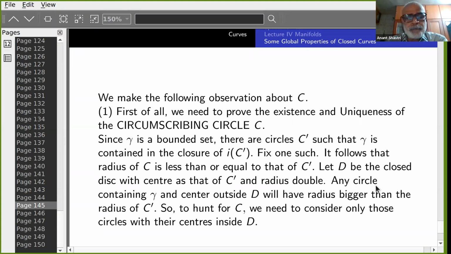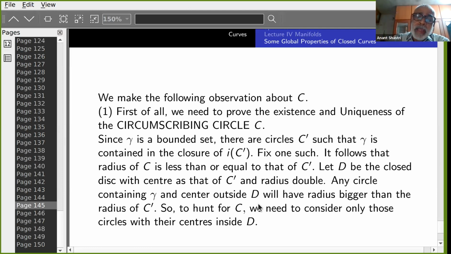Any circle containing gamma with its center outside D will have radius bigger than the radius of C prime. Because once you are outside D, you have to come all the way across to even hit C, you have to cover that much distance. Then you also have to contain gamma, so it will be a little more.